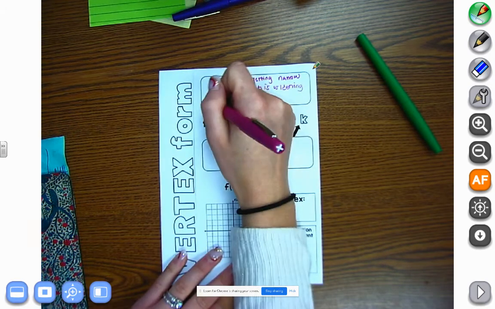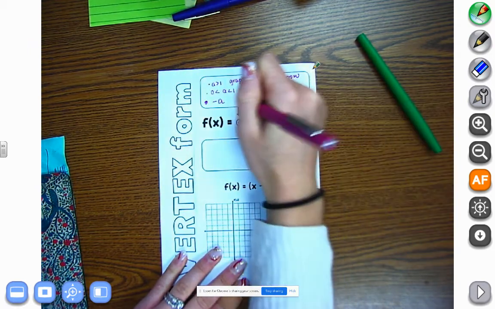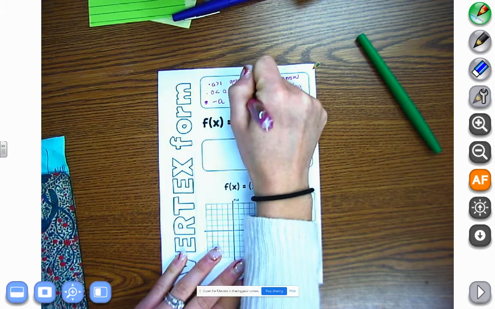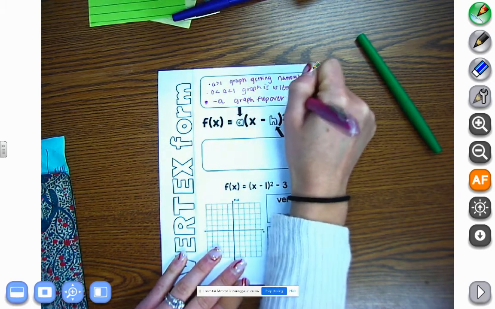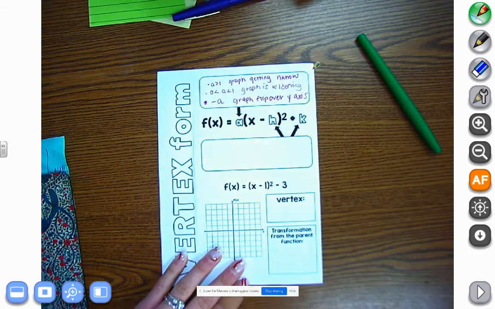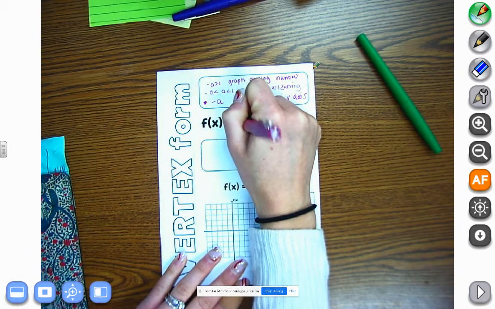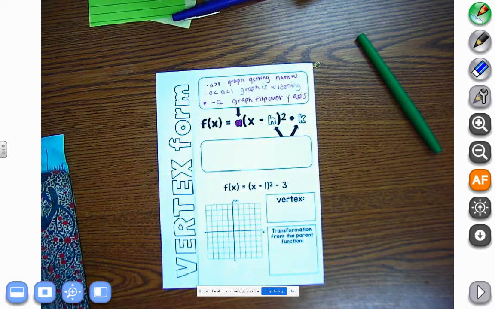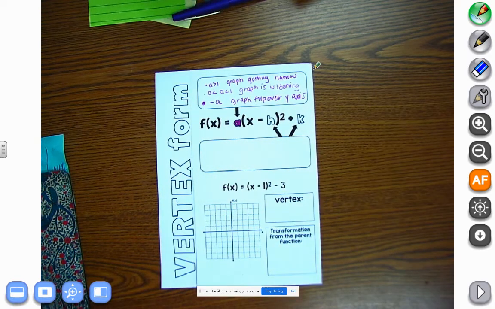And if our A is negative, then it means our graph is going to flip over the y-axis. So all this information about our A can be very useful when we're trying to figure out what kind of transformation is happening.